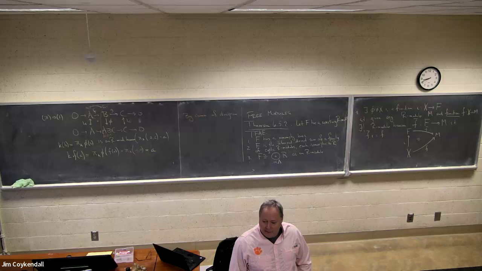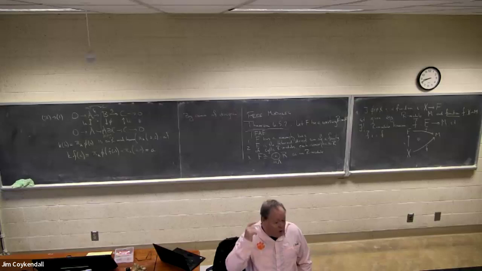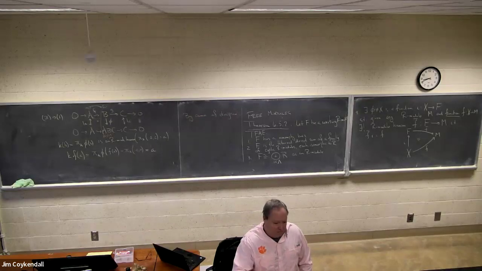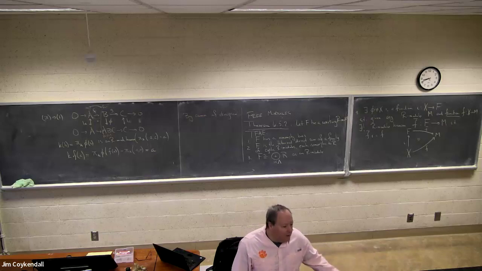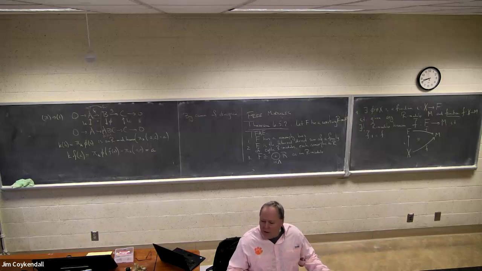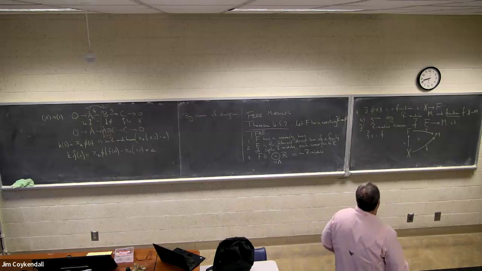His image was completely determined by the image of the elements of the basis. That's right. All you needed to know to determine your linear transformation was what it did to the basis elements. And you had complete freedom with the basis elements. You could send them all to zero. You could send them willy-nilly wherever you want. You could send them to any vector you want. And that's essentially what this last thing is saying.